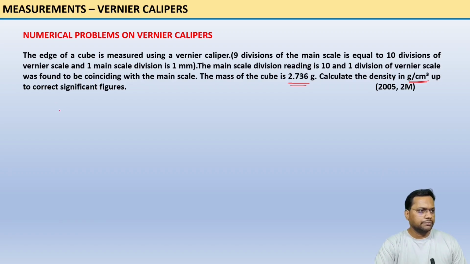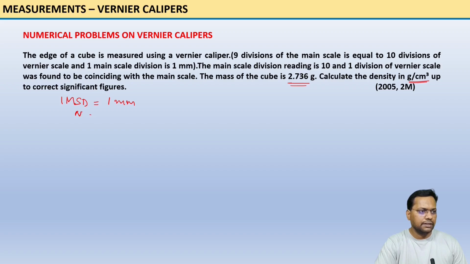So here the edge of a cube is measured by using a Vernier calipers, and it has the main scale division value, that is 1 MSD is equal to 1 mm, and the number of Vernier scale divisions is 10.